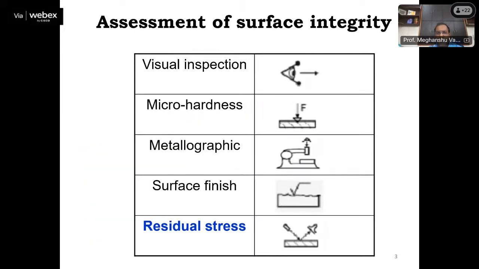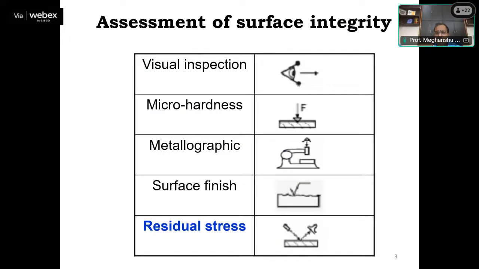For assessment of surface integrity, we can use our naked eye. By visual inspection, we can assess the surface roughness or any deflection or deformation over the top surface of the workpiece material. For micro hardness inspection, we have to use a micro hardness tester. That tester makes an indentation on the workpiece material, and the indentation size or diameter provides information regarding the micro hardness.